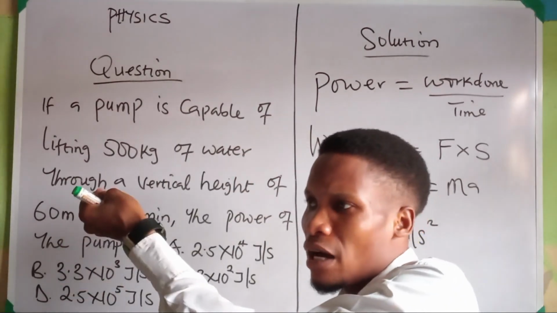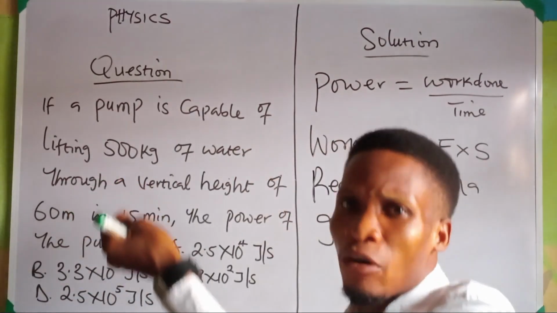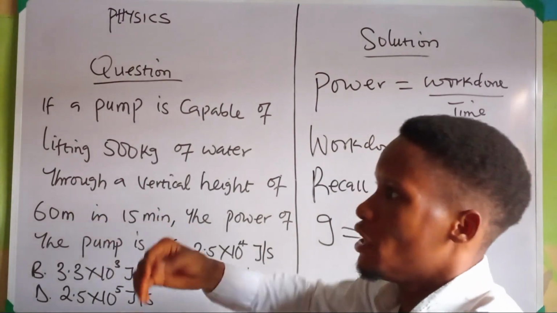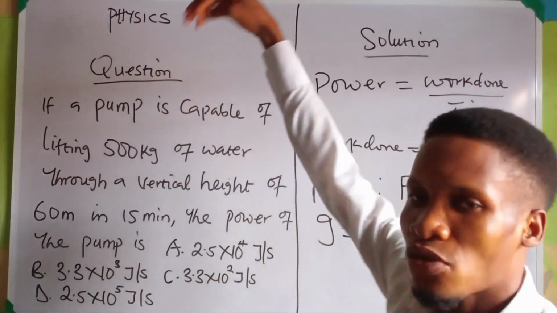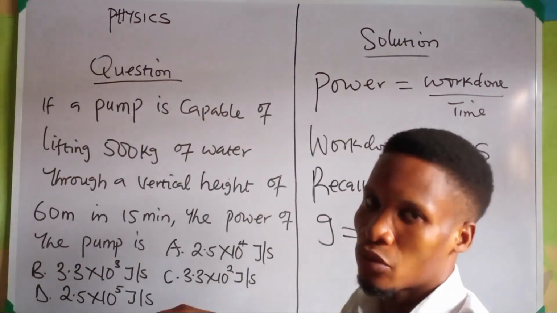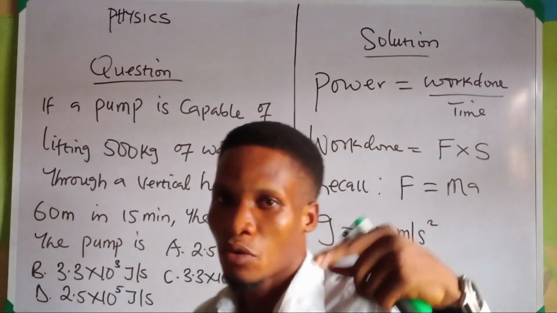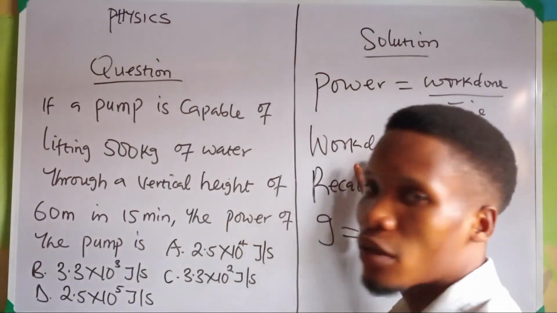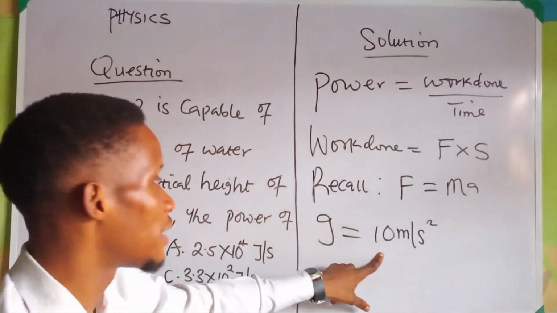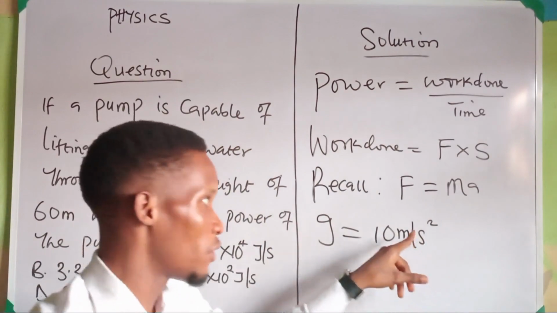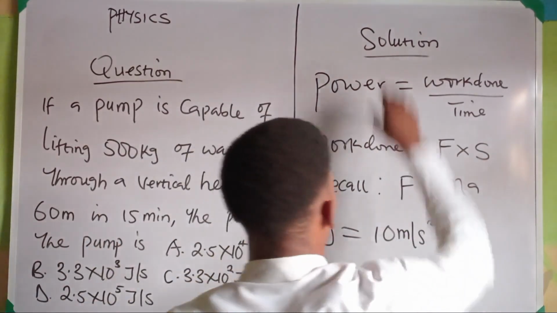So for it to overcome the force of gravity, that is how it got to the top. It was able to lift it. So this force of gravity that was pulling it down will also be considered in solving an equation of this kind, and it is given as 10 meters per second squared. That's why we're using this 10 in our solving.